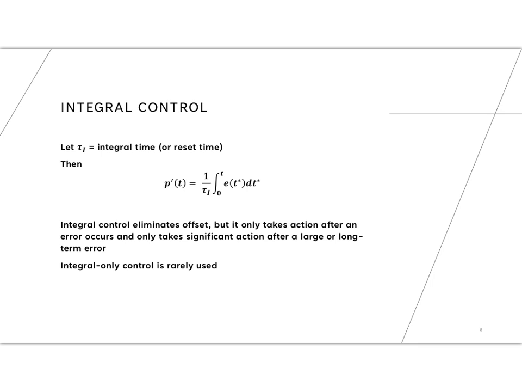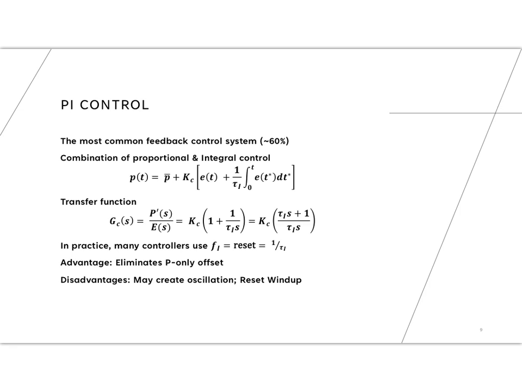Now I'm going to say integral control on its own is rarely used, okay? I've actually not seen it used. But PI control is very common. In fact, more than half of the systems are going to be PI control because it's going to take that proportional control and combine it with the integral control. So now I have 2 parameters I'm going to have to tune, but it's not going to be overly difficult, right?